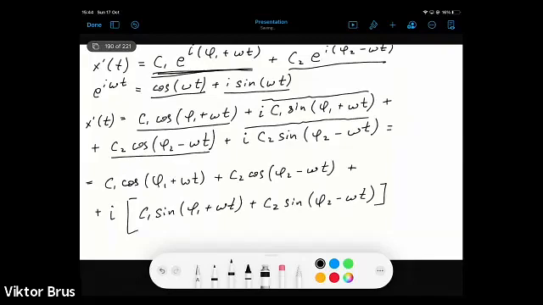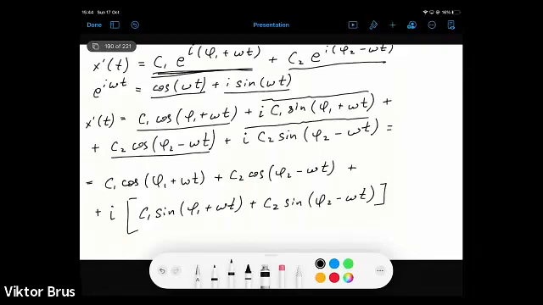Okay, now we finally have everything grouped. So we have first the real component and second the imaginary component of our function x prime as a function of t.